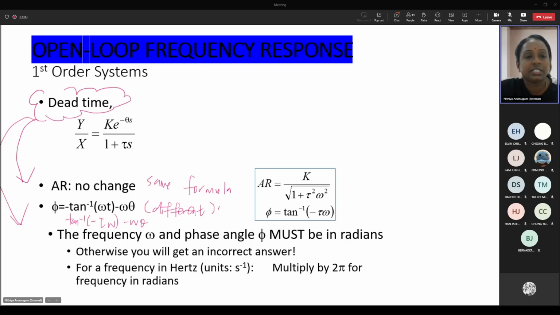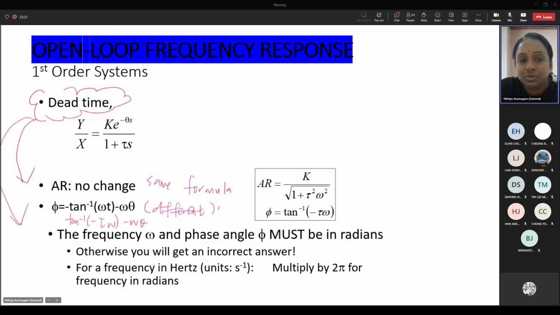Now for the first order system, there is also another term, we call it dead time. So what is dead time? We always compare dead time with lag time. Lag time means the time response from a process in which, for example, the initial effect of a change in control output can be seen immediately, but the final effect takes time to develop.